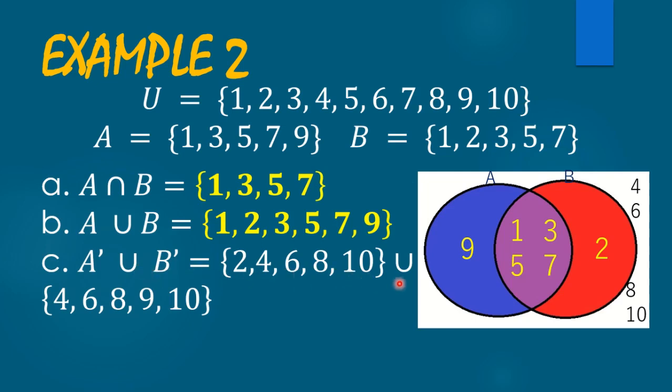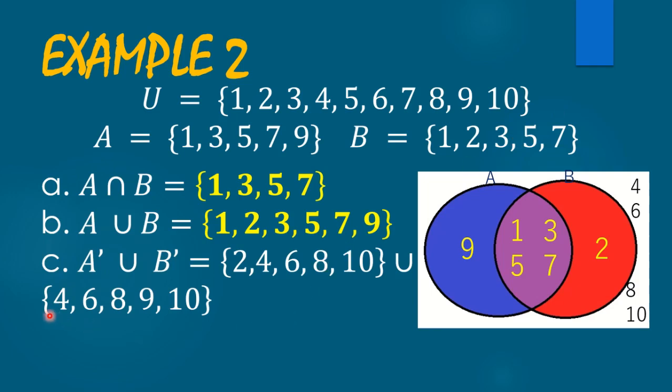And then we have the union and the B complement, all the elements that are not found in event B, but we can find in our universal set. So again, in event B, we have 1, 2, 3, 5, 7, which are prime numbers. So in our sample space, we can take the remaining elements that are not prime numbers, but are basically known as composite numbers.